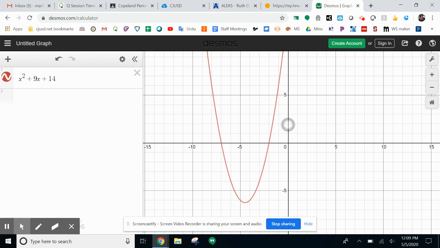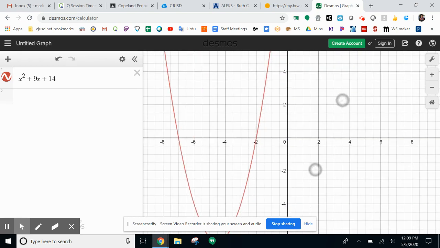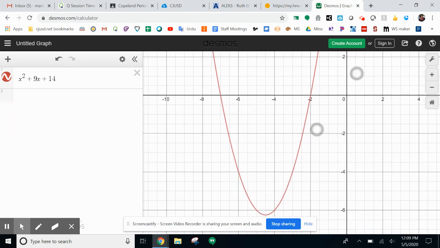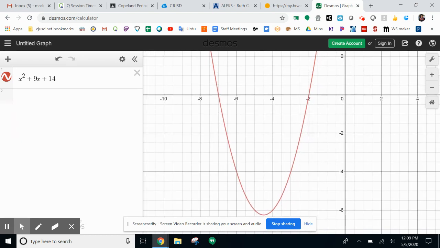What I've heard as the origin of the word roots is that this parabola comes down and goes underneath the x-axis, almost as if the x-axis was the ground and it goes underground. It's like the dirt. And in a plant, what comes under the ground? The roots. The roots are under the ground. So what we're looking at are these two points where we have these roots.